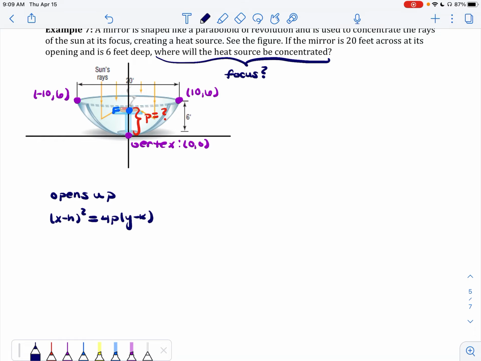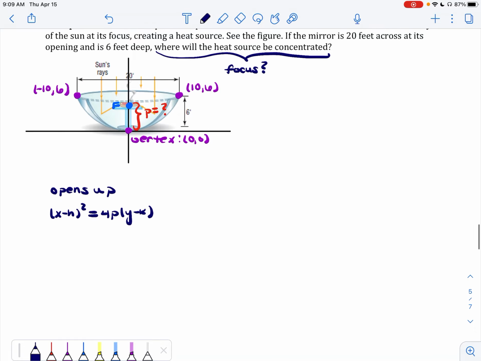We said our vertex is at (0, 0), so we know that is the h and k, so we can plug those in. If we plug in 0 for both h and k, (x minus 0) squared is equal to 4p times (y minus 0), or x squared is equal to 4py.